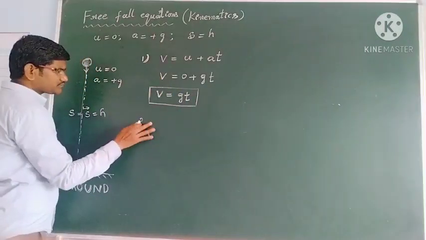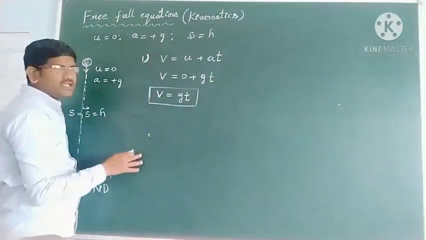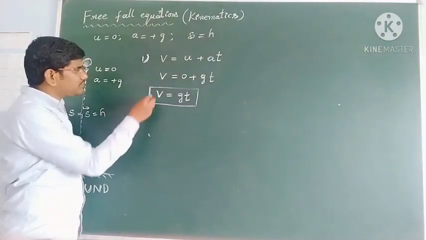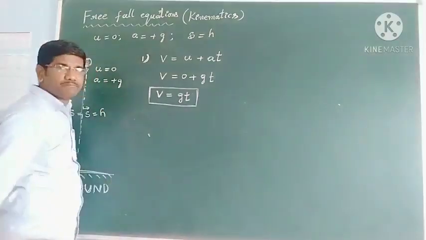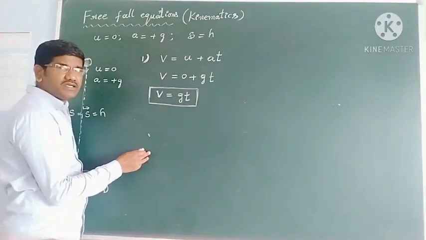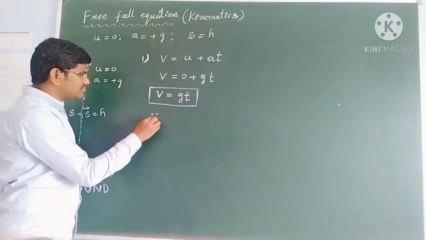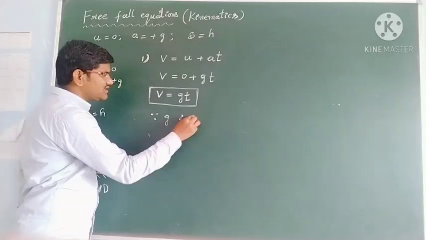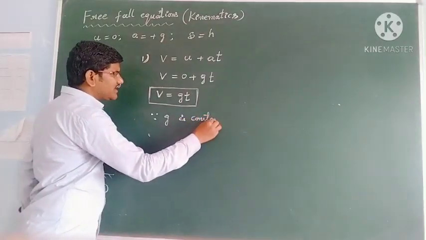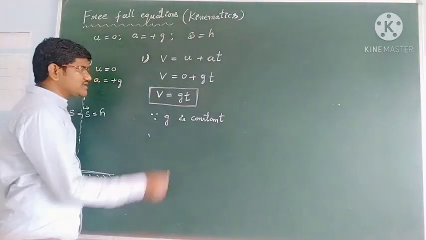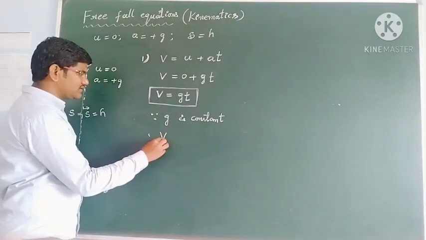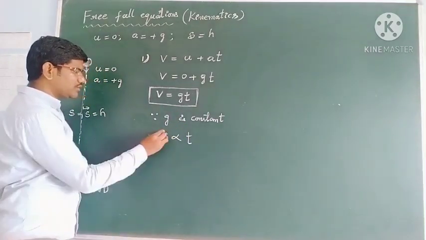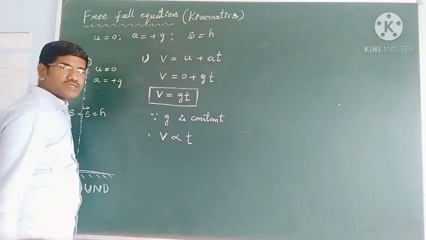Okay students, for a freely falling body, if they ask you the velocity after t seconds, we can simply use v is equal to gt. Since g is constant, v is directly proportional to t, so velocity is directly proportional to time.